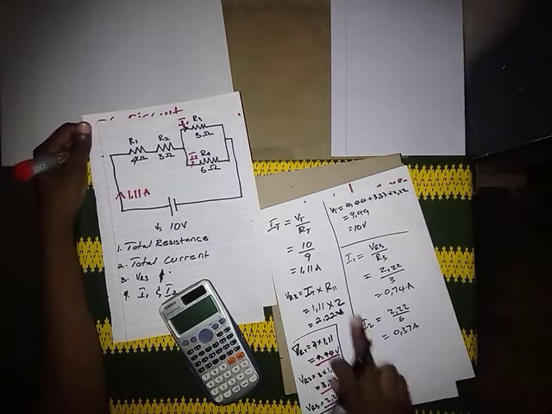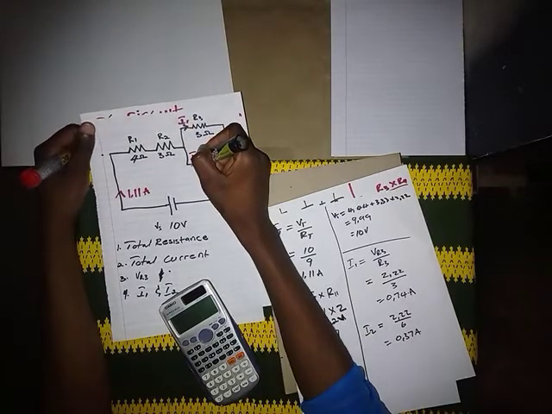So this is your I1 and I2, the currents that are passing through here.